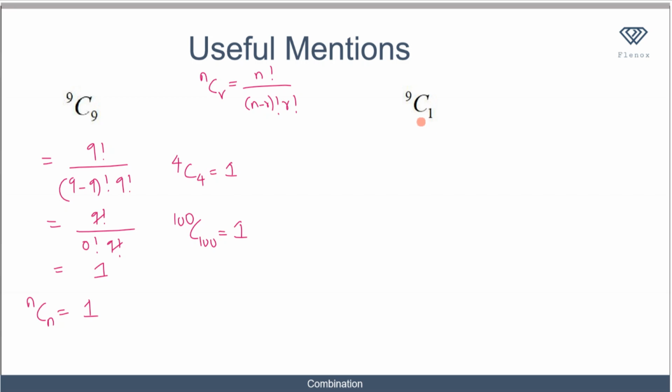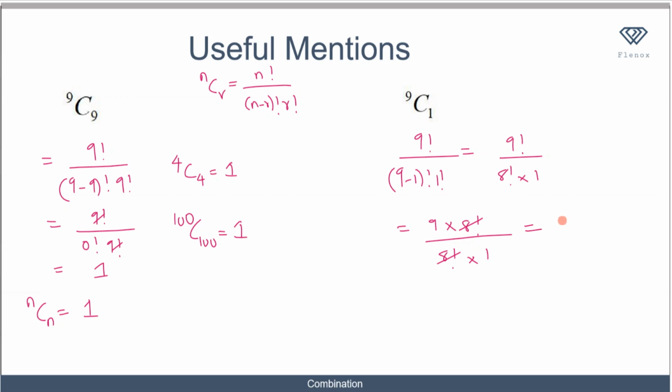Now let's look at another instance in which you just have 1 at the base. This becomes 9 factorial over 9 minus 1 factorial times 1 factorial, and that gives me 9 factorial over 8 factorial times 1. 1 factorial is 1. So this becomes 9 times 8 factorial over 8 factorial times 1. 8 factorial cancels 8 factorial, and I'm left with 9.